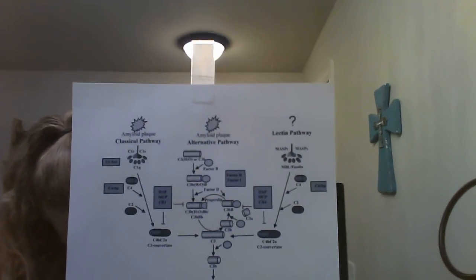When that crosses target membranes, it can result in osmotic lysis and cell death, which is not good. So that's one recent study showing how amyloid plaques found in patients with Alzheimer's disease are used in the classical and alternative pathways, but haven't been found in the lectin pathway.